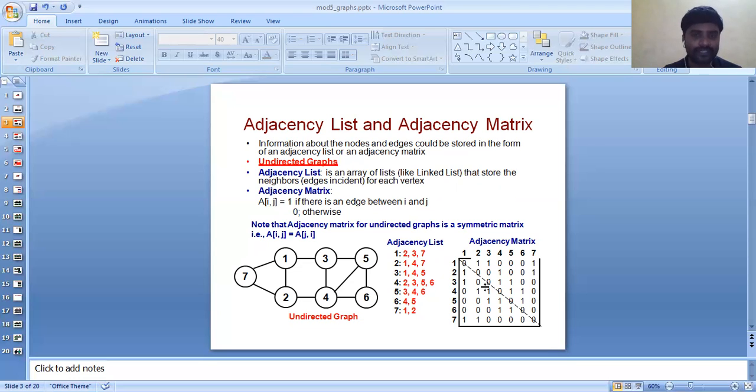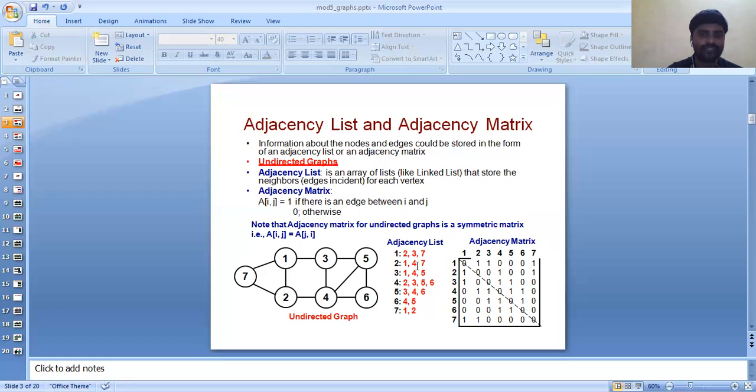So how can we represent it? Here is the undirected graph, the previous graph, and here is the adjacency list. First one is 2, 3, 7.